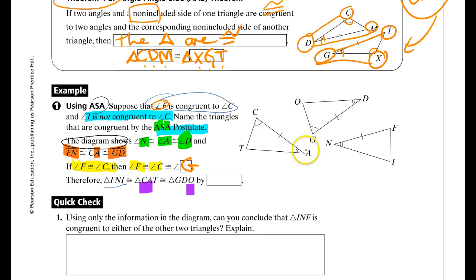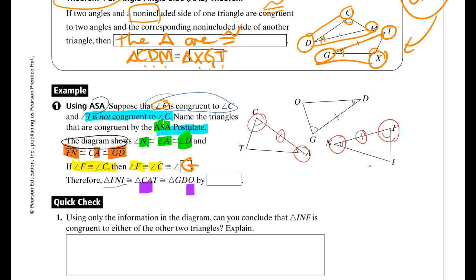And look at this. We've got an angle, a side, and an angle matching up to an angle, a side, and an angle, and that was the first thing they told us, C and F are congruent. So this angle, side, and this angle all match up. And that's all you need to say that every other bit of this triangle is congruent to every bit of this one over here.